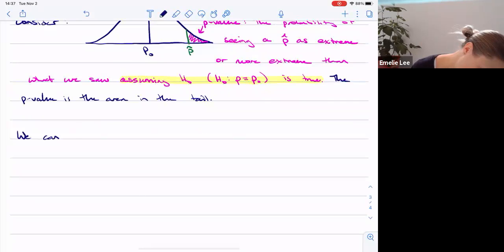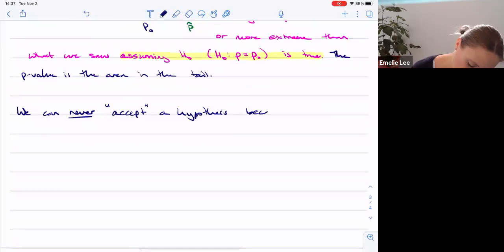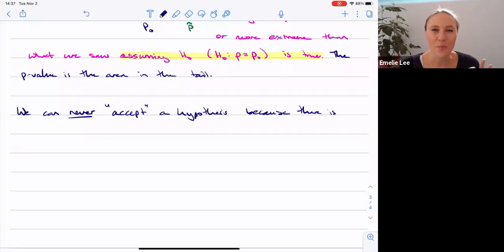So we can never accept a hypothesis, because there is always a p-value probability of being wrong.